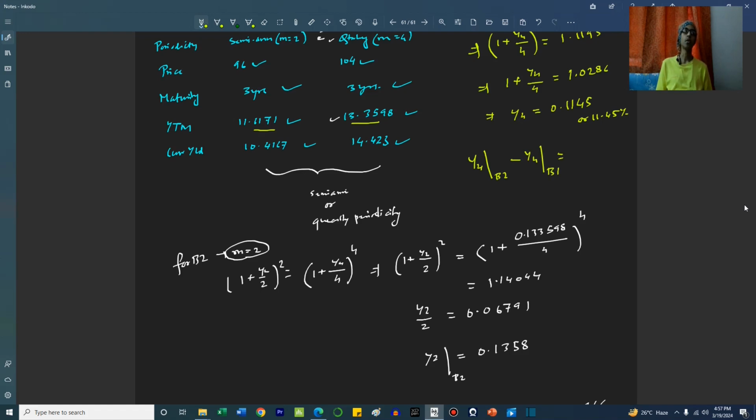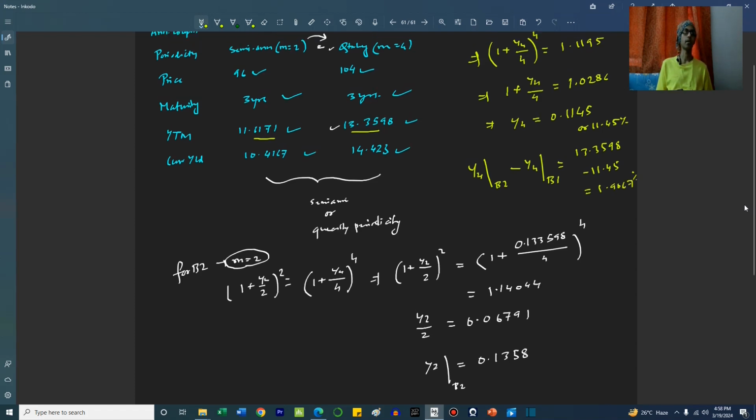This is equal to 13.3598 minus 11.45, which is 1.9067% or 191 BPS. So in quarterly terms, this is the payment that is being made by B2 to compensate for the higher risk.